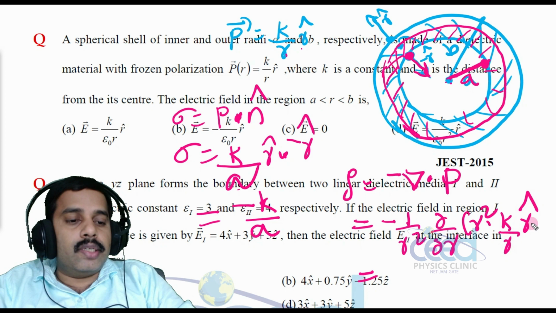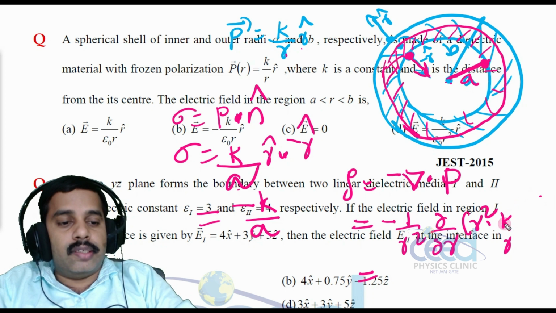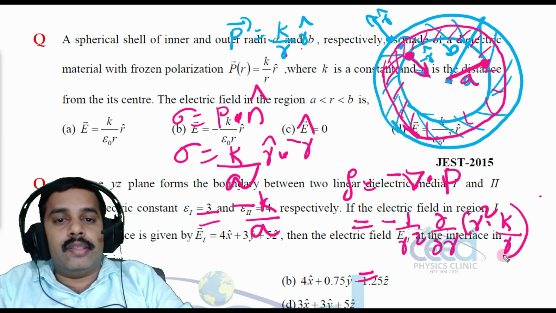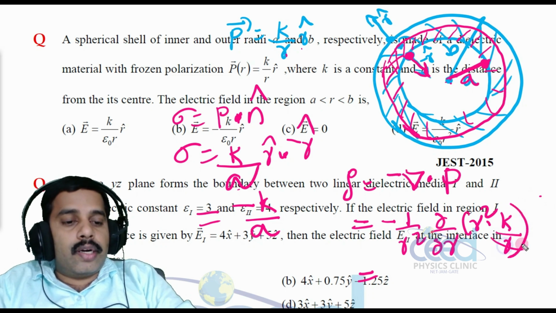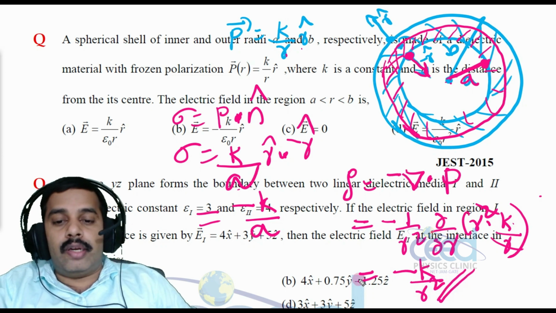So what will be the result? The r cap component we have to write, that means k by r, right? So r and r square will cancel, and with this k, we get minus k by r square. Minus k by r square.